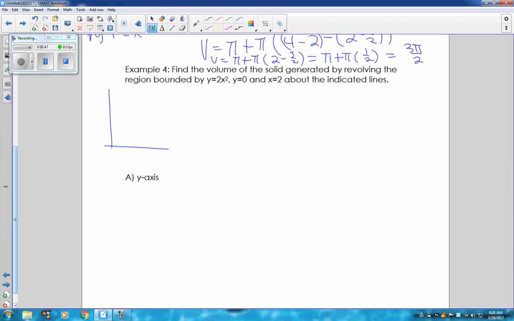Okay, so your parabola has a vertex at the origin, so there's my parabola. Okay, x equals 2, I'm going to draw that here, and this is one of the boundaries.